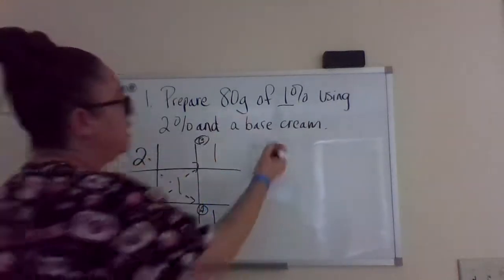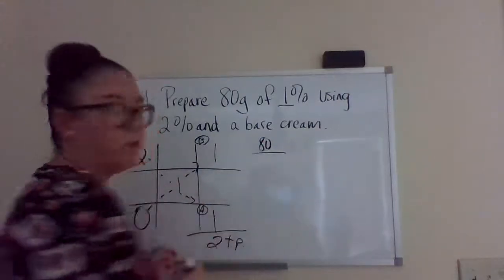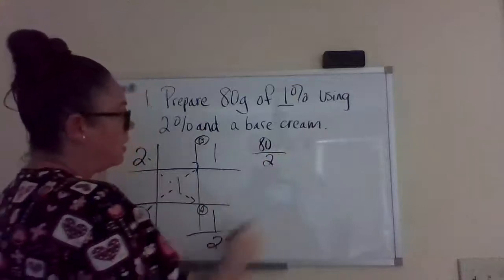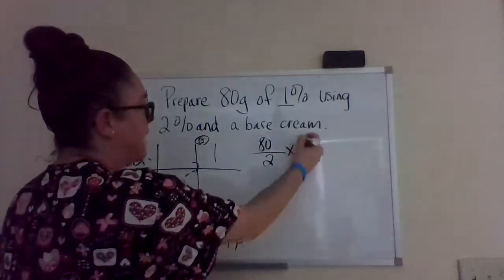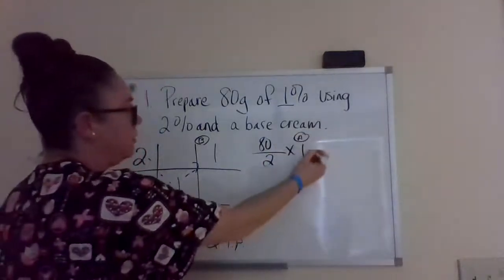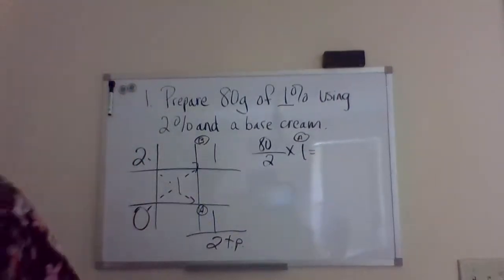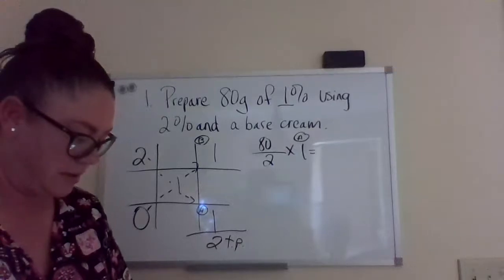So here, 80 grams is my total quantity, because that's what I'm preparing, divided by my total parts, times A, which is 1, okay?